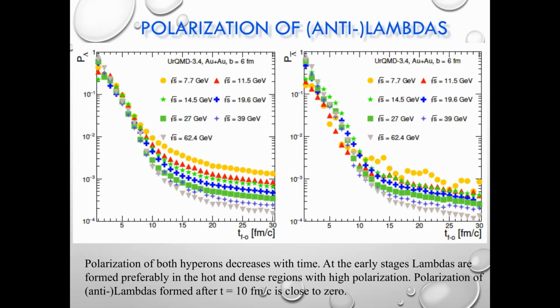Although it drops exponentially, so after 10 or 15 fm/c, the polarization of both hyperons is negligibly small. But the problem is that since lambda bars are emitted on average a little bit earlier, 1 fm/c here in the plot matters. It results in higher polarization.